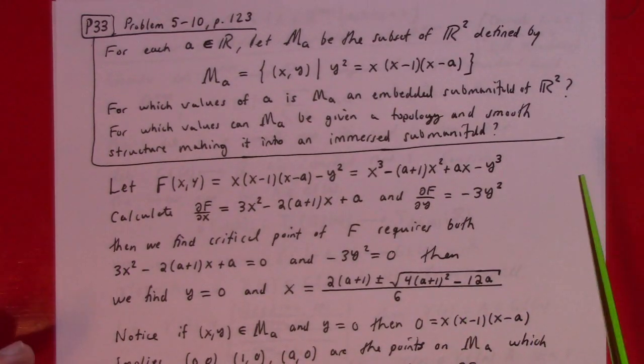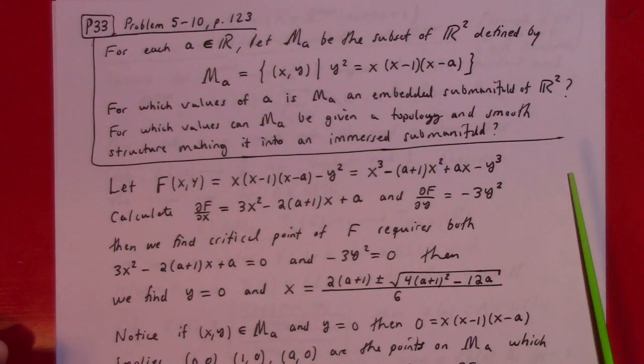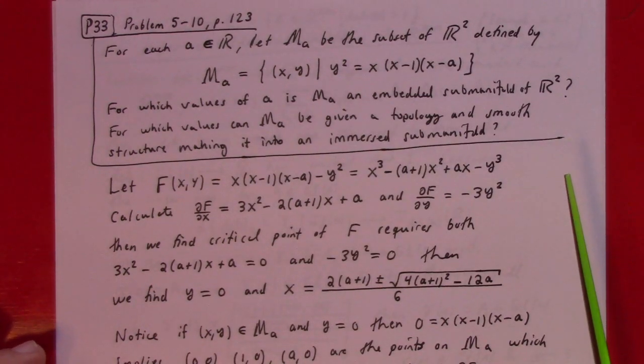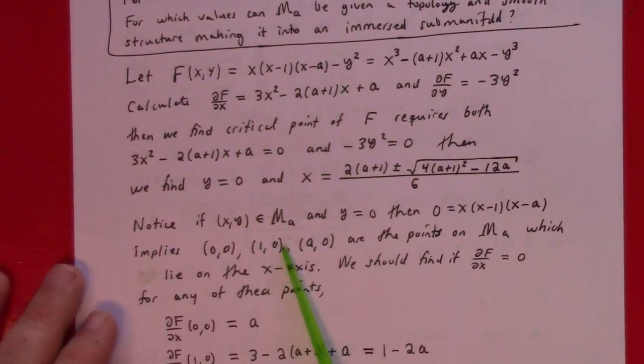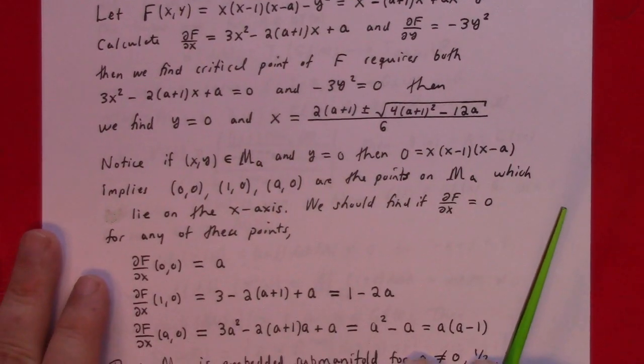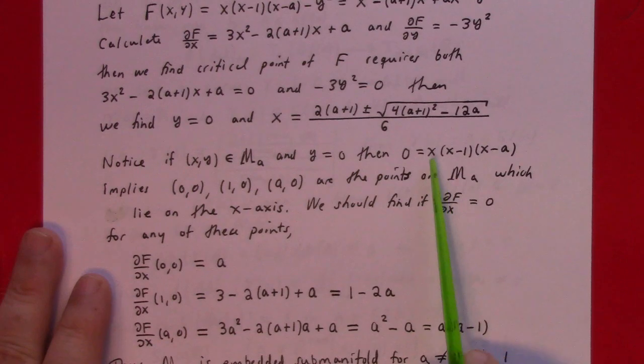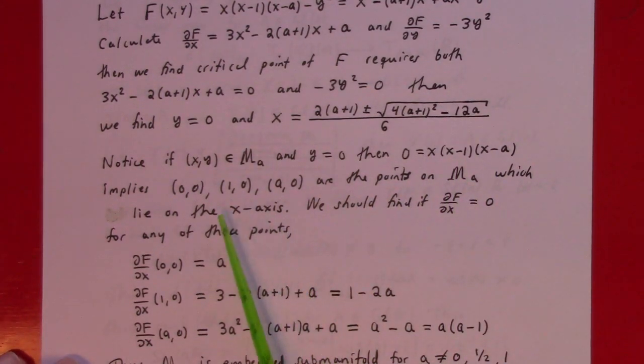But actually going back to the beginning, if (x, y) is in M_A and y is equal to 0, well that pins things down quite a bit, because that means x is either 0, 1, or A. In other words, those are the points in M_A which lie on the x-axis, and so we should find if partial x is 0 at any of these points. That can only happen if A is either 0 or a half or 1.